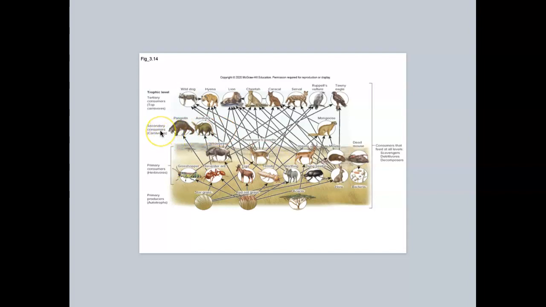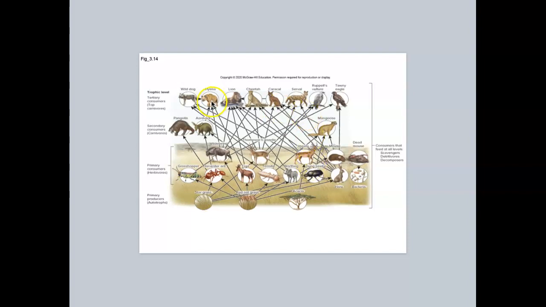Those organisms, the primary consumers, are fed on by secondary consumers, carnivores. And so these carnivores make their living by eating primary consumers, which make their living by eating primary producers or autotrophs.